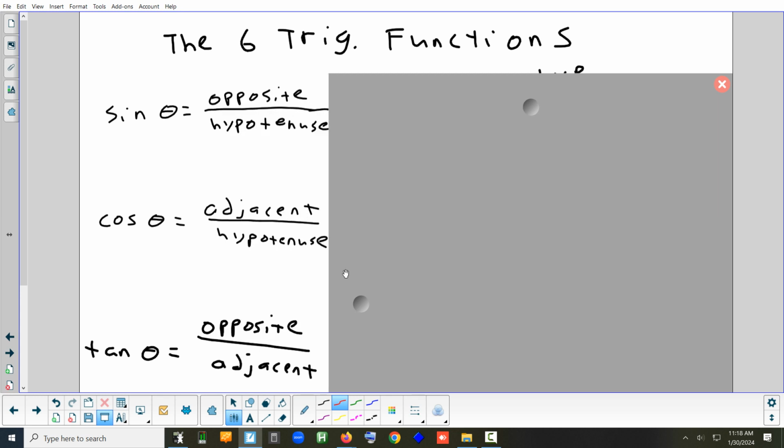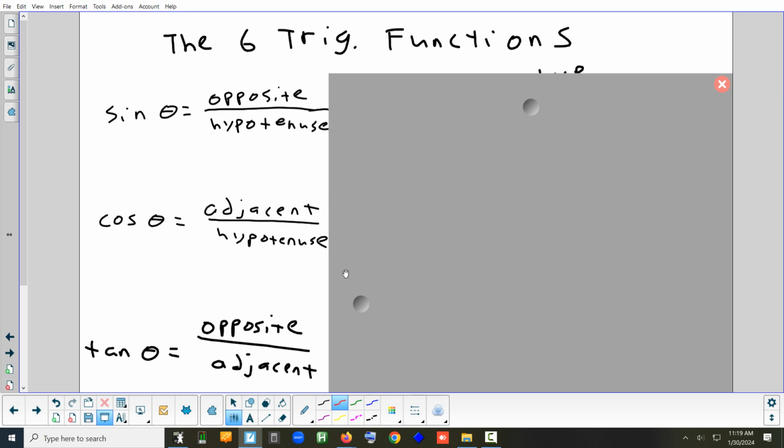When you define trig functions using a right triangle, all the trig functions are a fraction of 2 different sides. And there's 6 different ways you can pair up the sides.